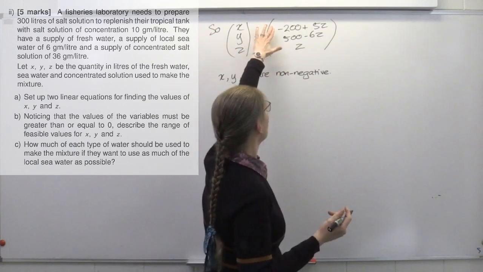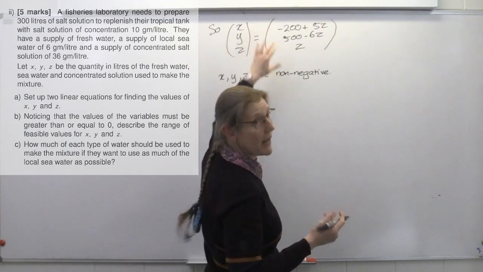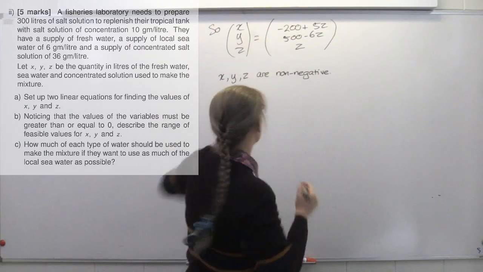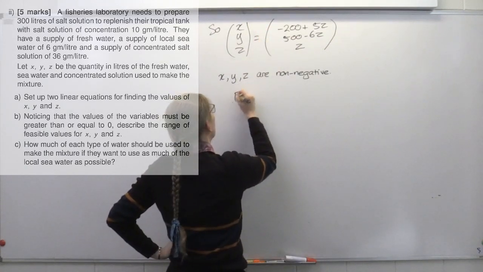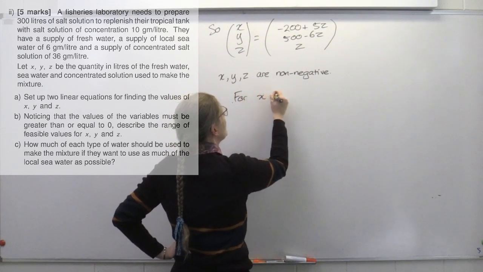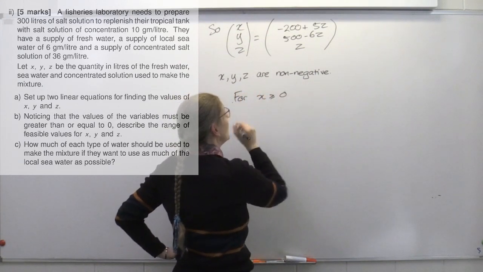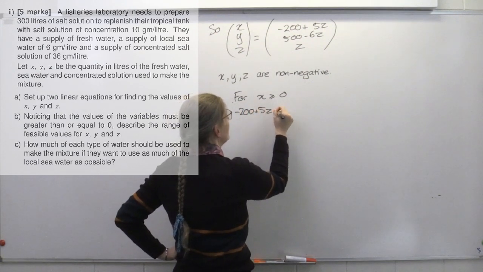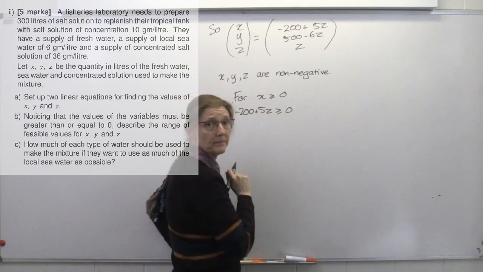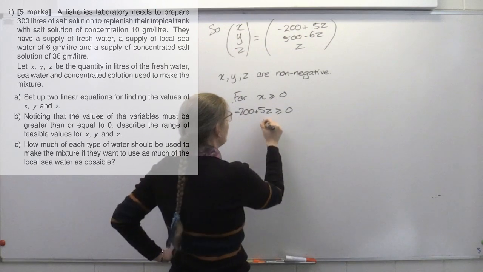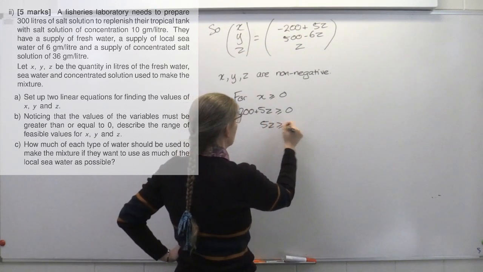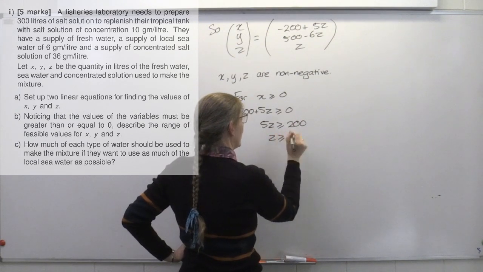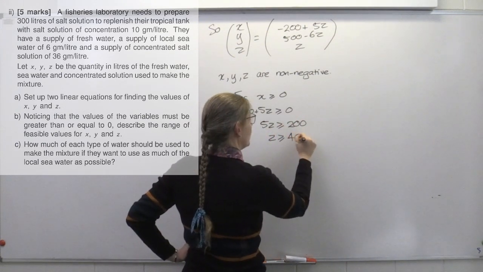What we can do to tie the ranges down more is by looking at x and y. So for x being greater than or equal to 0, minus 200 plus 5z is greater than or equal to 0. So 5z is greater than or equal to 200. z, thus, has to be greater than or equal to 40.